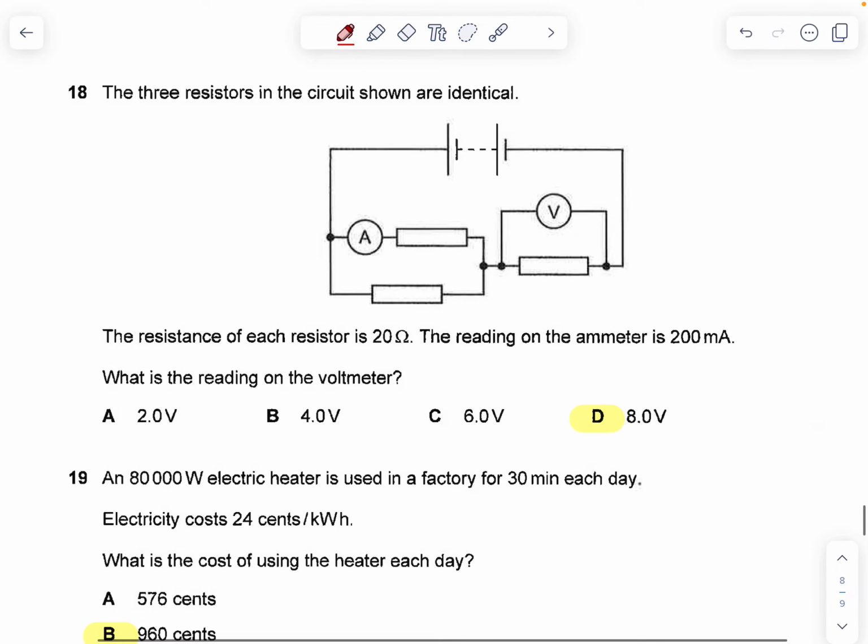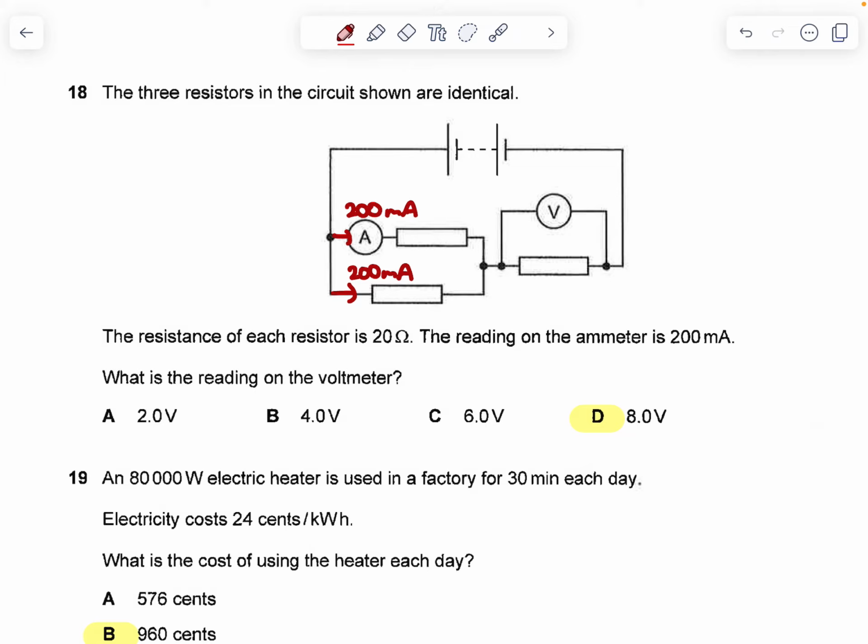Question 18. The three resistors in the circuit shown are identical. The resistance of each resistor is 20 ohms. The reading on the ammeter is here 200 milliampere. What is the reading of the voltmeter? Okay, so since they are of the same resistance of each resistor in both branches, the current should be equal.